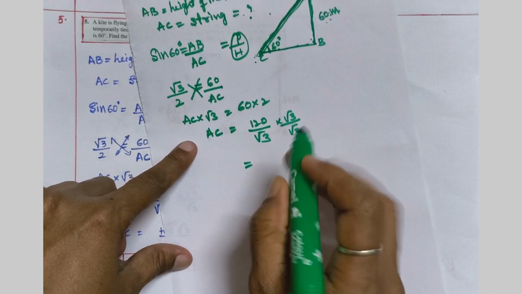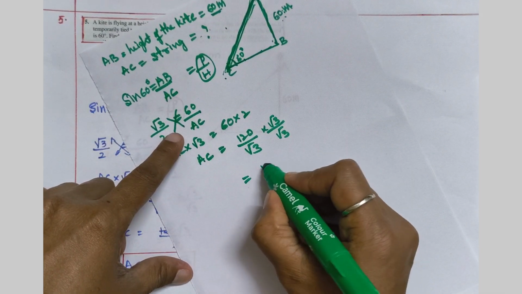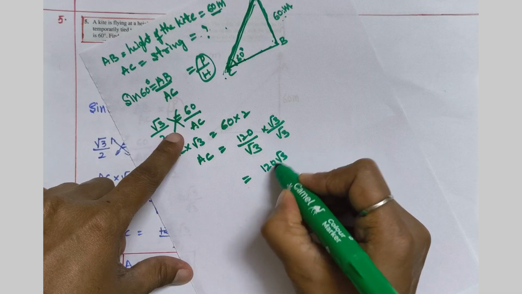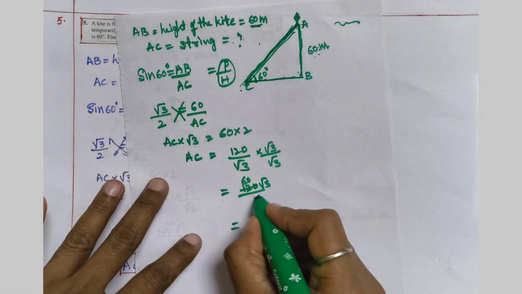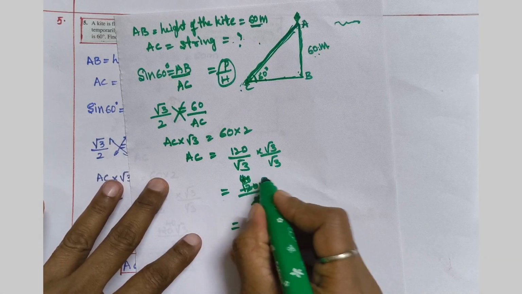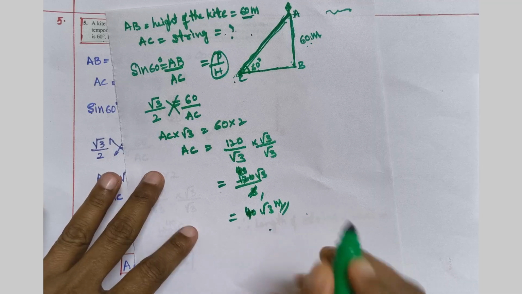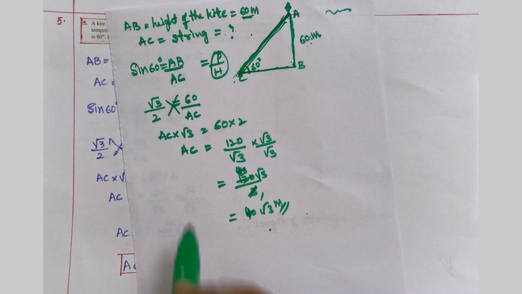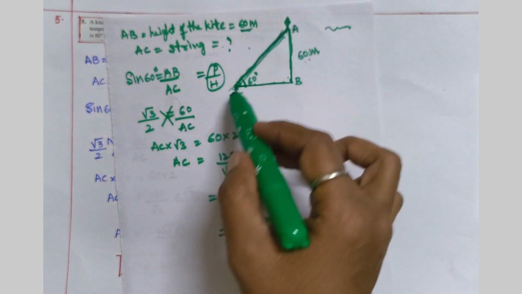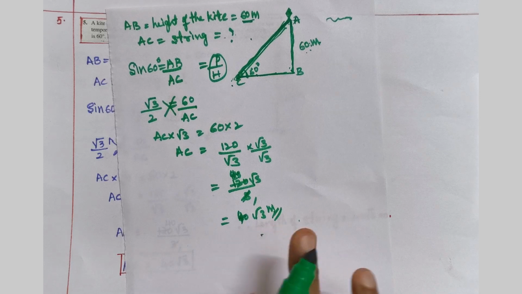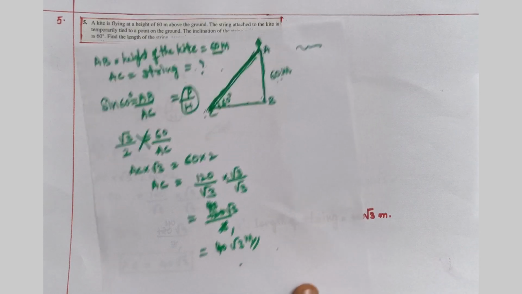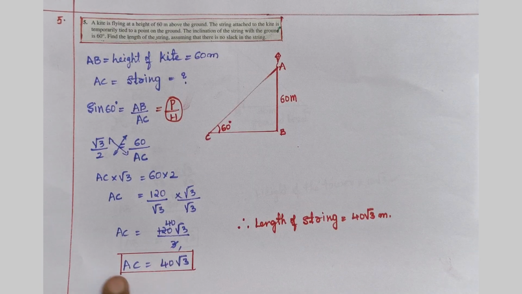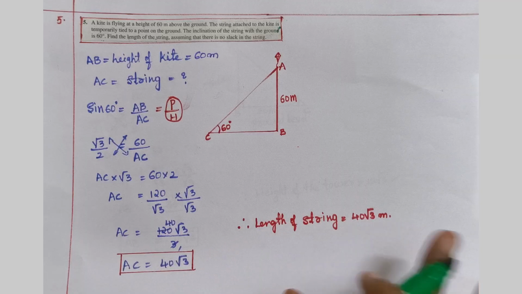So 120 root 3 over root 3 into root 3, which is 3. 3 fours are 12, so 40 root 3 is the answer. The height of the string is equal to 40 root 3.